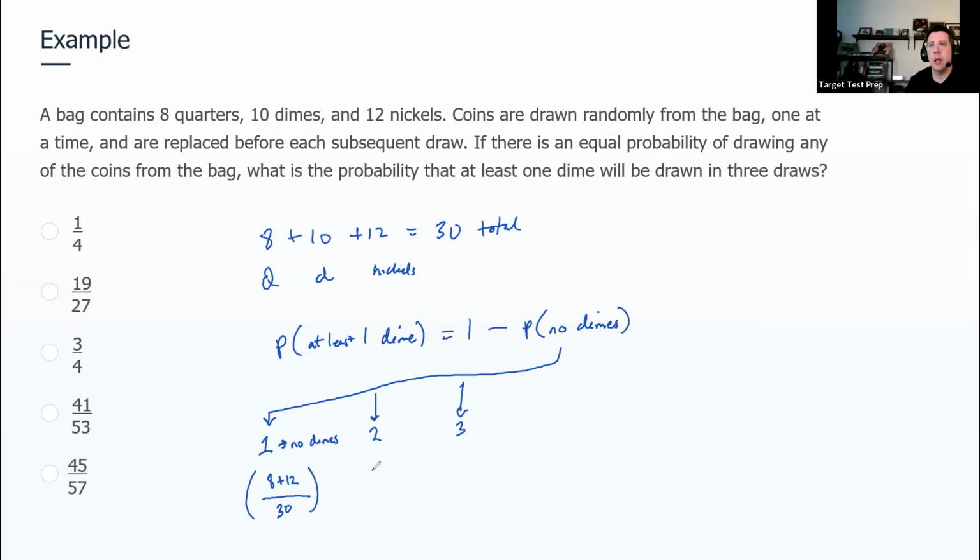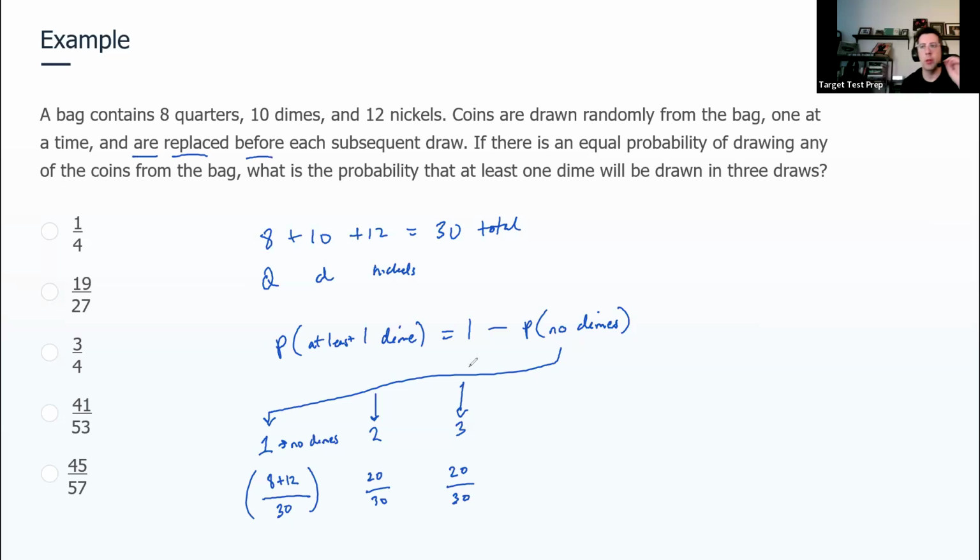Yeah, and importantly, it stays at 8 plus 12, or 20 over 30, for all 3 times, because we draw a coin out, look at it and say, oh, we got a quarter or a nickel, and then you put it back in.